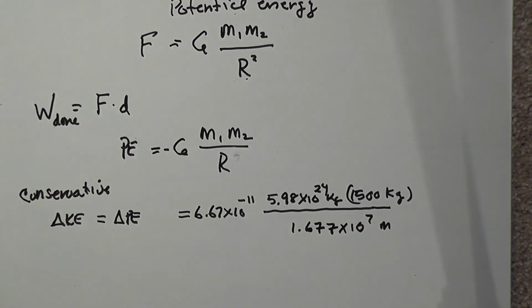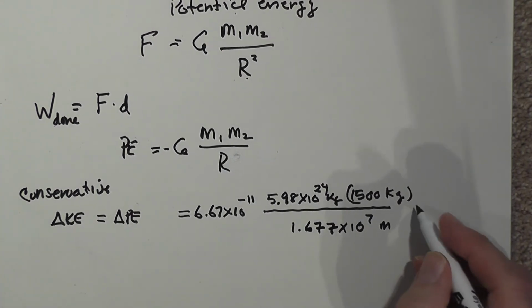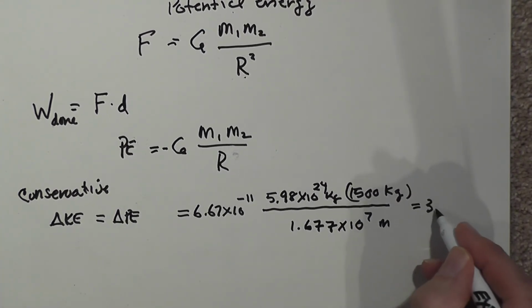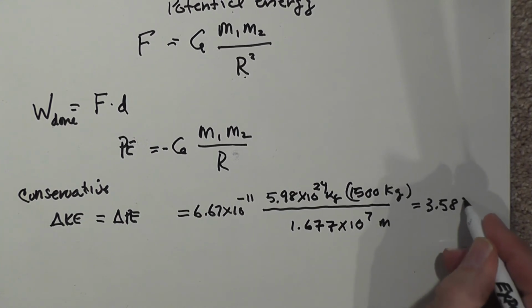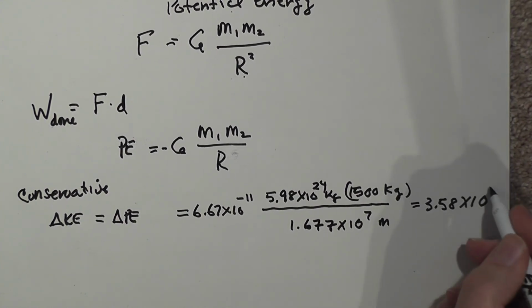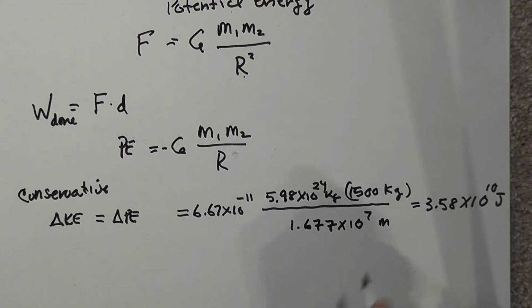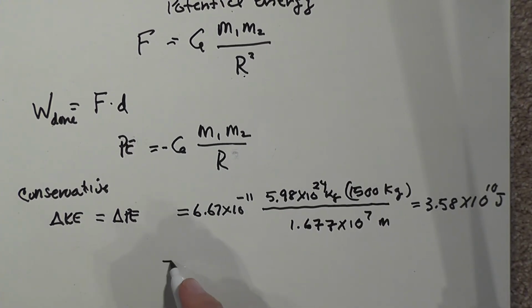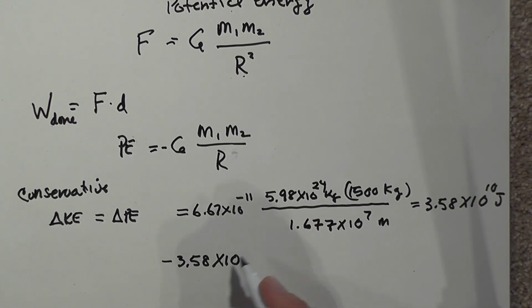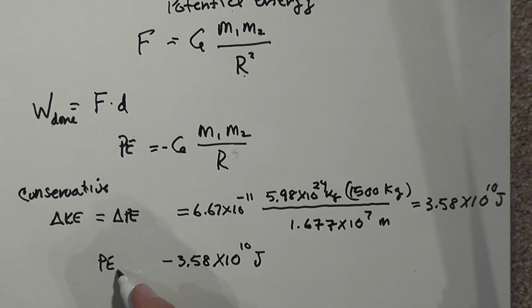This gives us a potential energy of 3.58 times 10 to the 10 joules. So the answer would be negative 3.58 times 10 to the 10 joules, and that would be the gravitational potential energy.